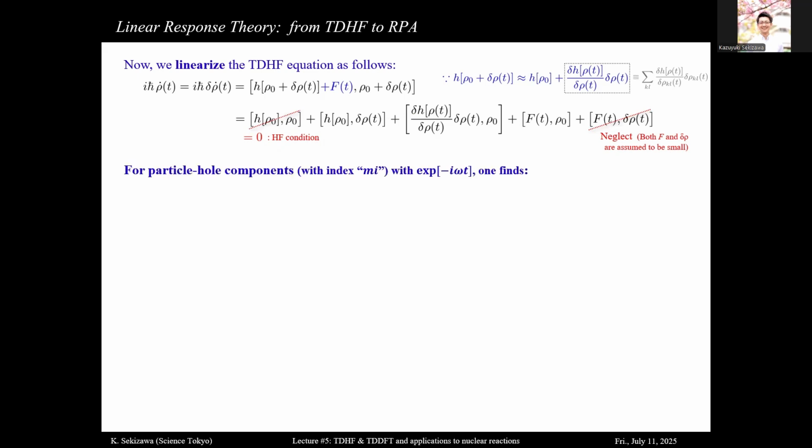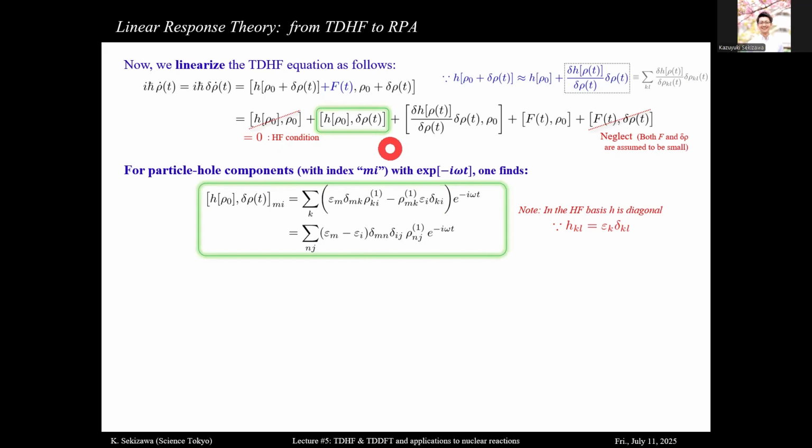So we will check the remaining terms. Since H and delta rho, all quantities, are matrices in this formulation, in the following I just pick up the particle-hole component, meaning index m i, particle and hole.